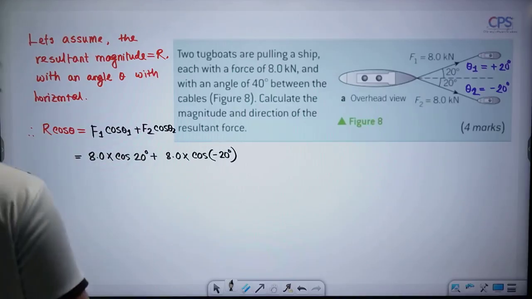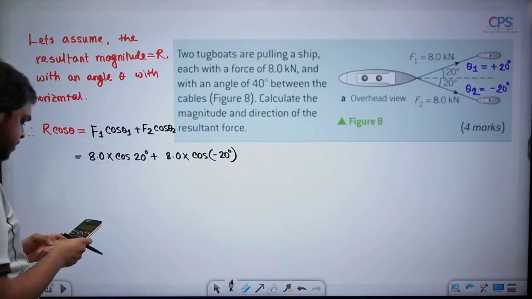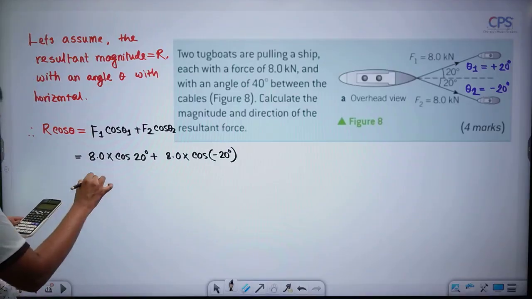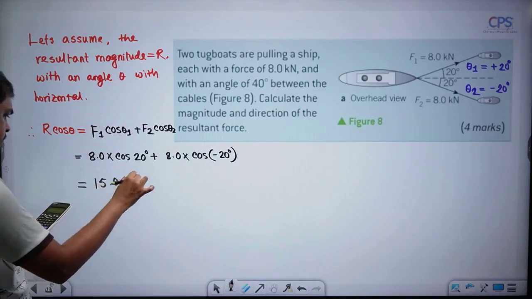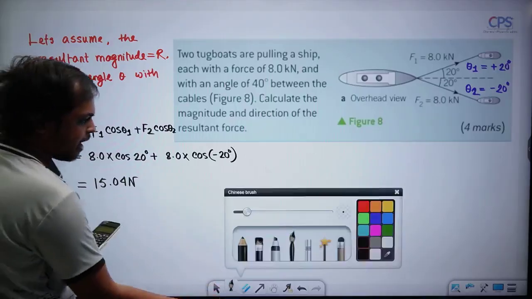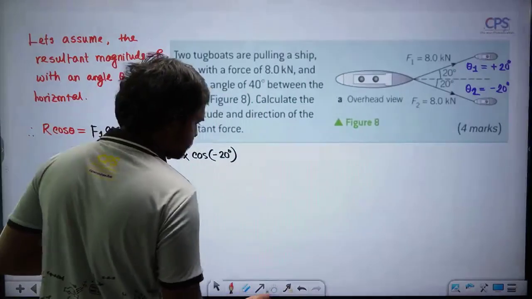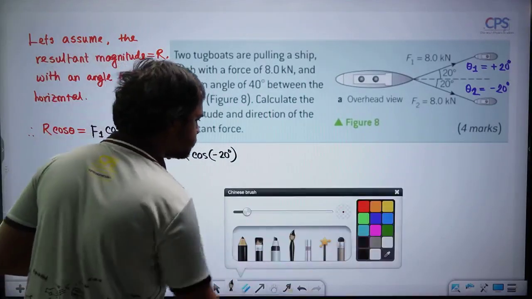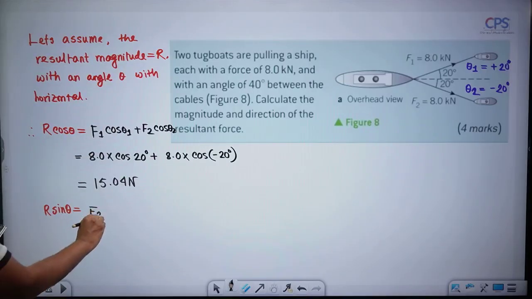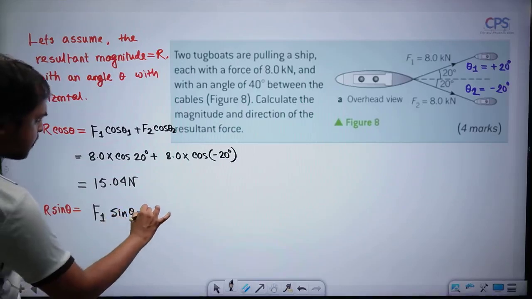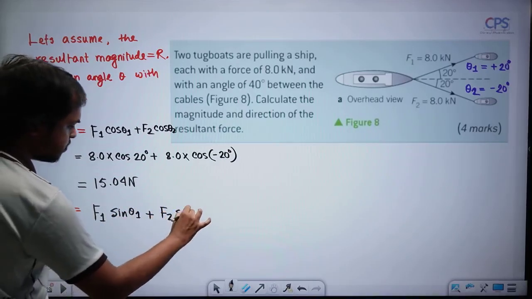Give it to your calculator to calculate 8 cos 20 plus 8 cos minus 20, which is 15.04 kilonewton. This is R cos theta. And for R sin theta, this is F1 sin theta 1 plus F2 sin theta 2.